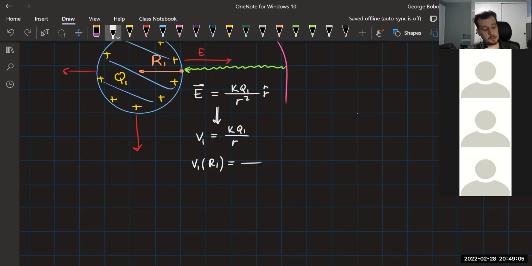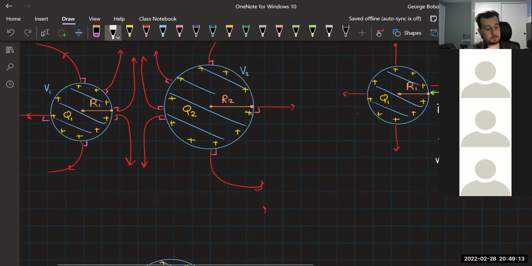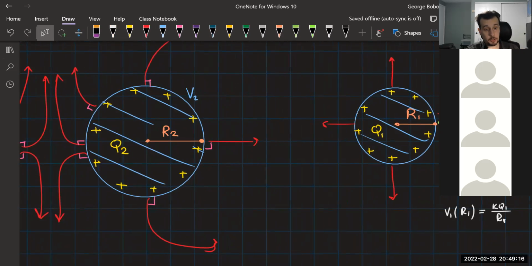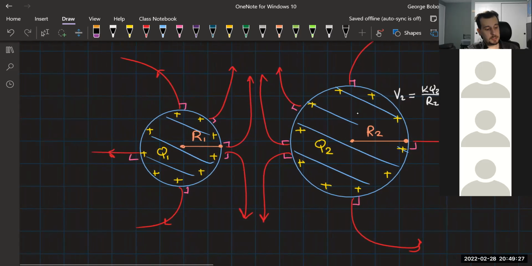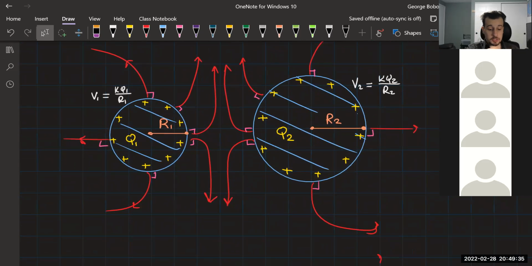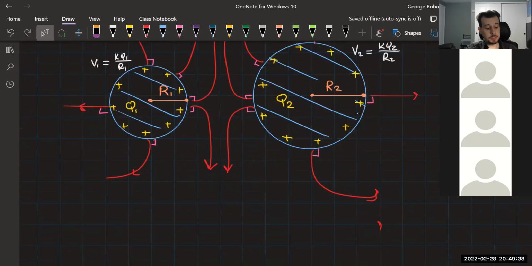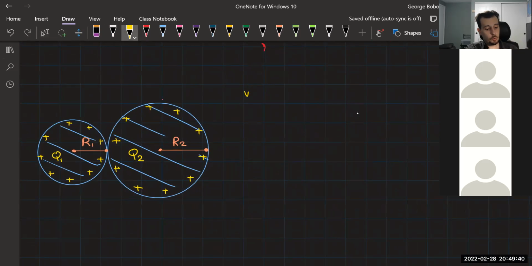Radius. Yeah. So the potential on that surface is sitting at this value. And it's the same for the other one, because they're both spheres with some charge. This is kQ2 over capital R2. That's my potential here. And the same thing here, kQ1 over R1.